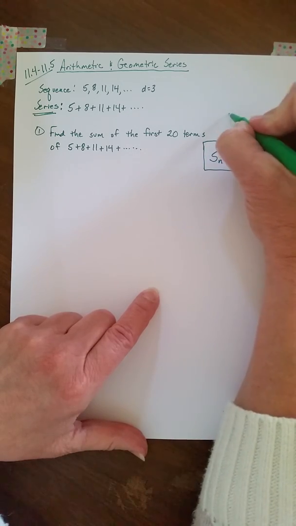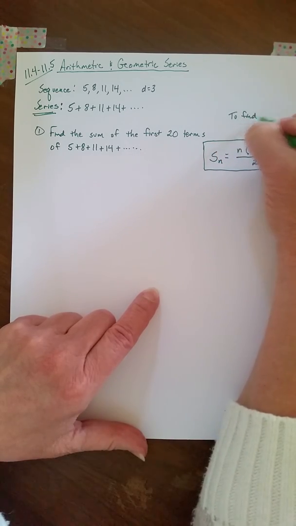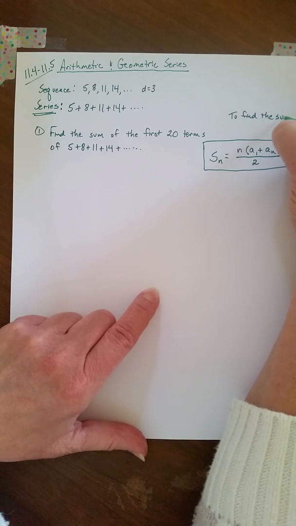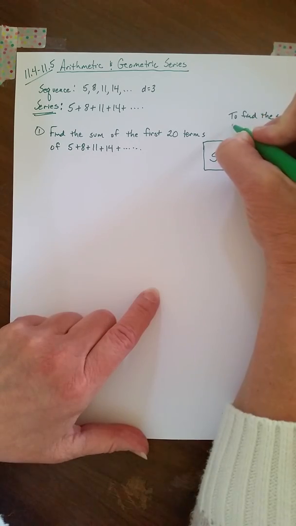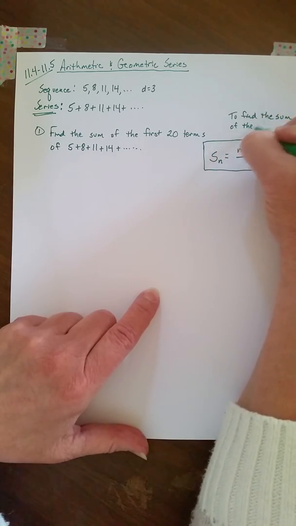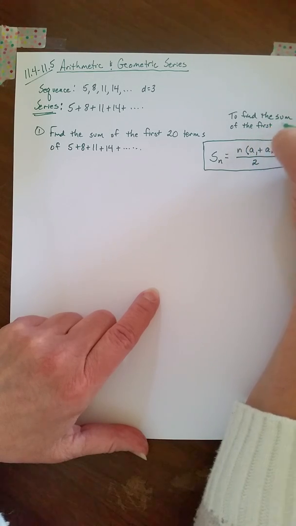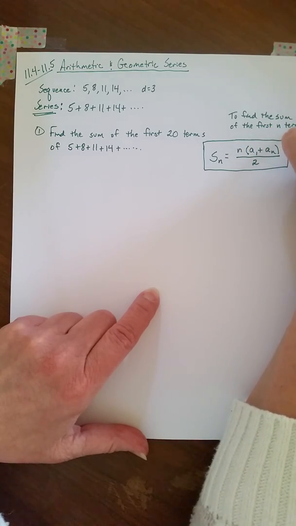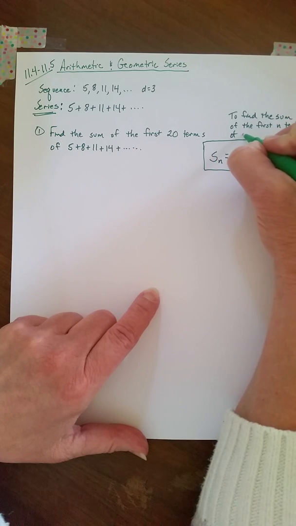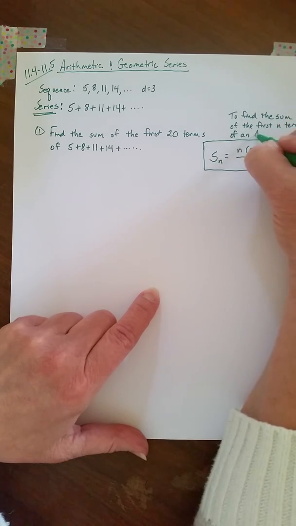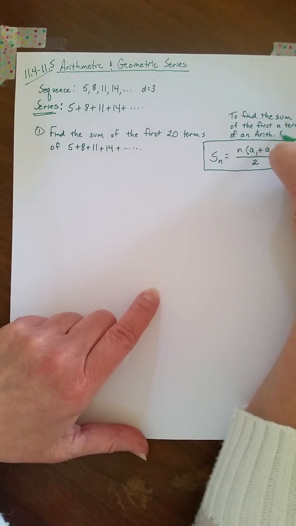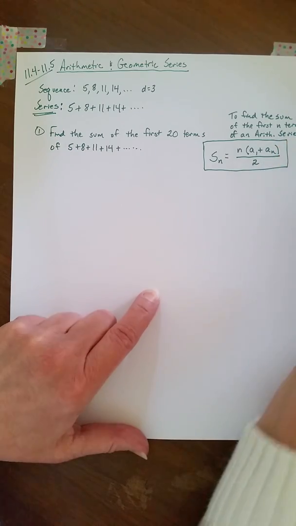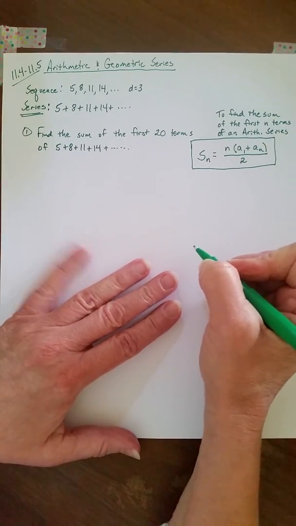This is to find the sum of the first n terms of an arithmetic series. There we go.